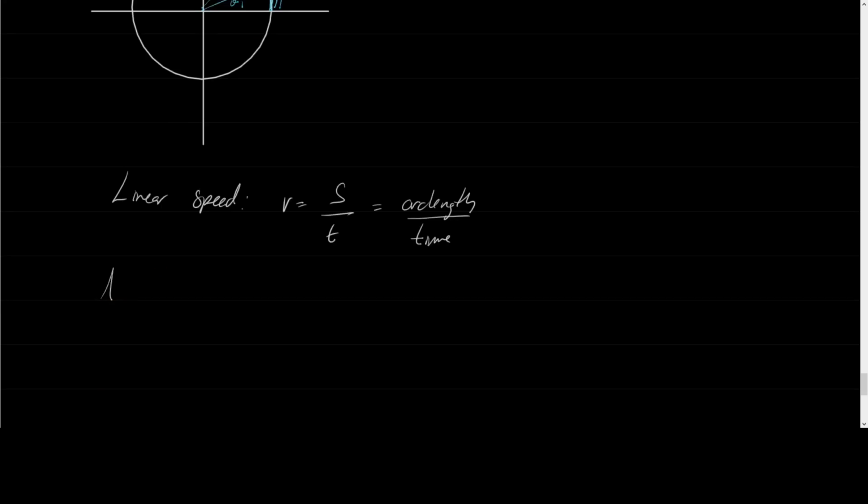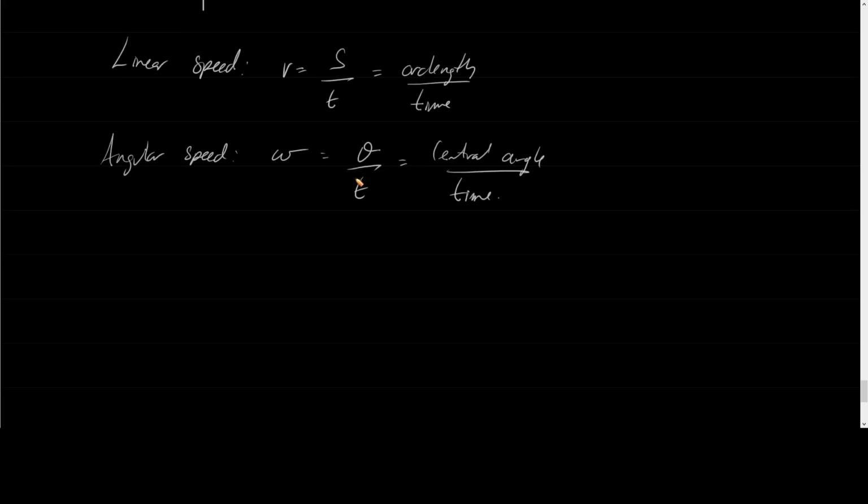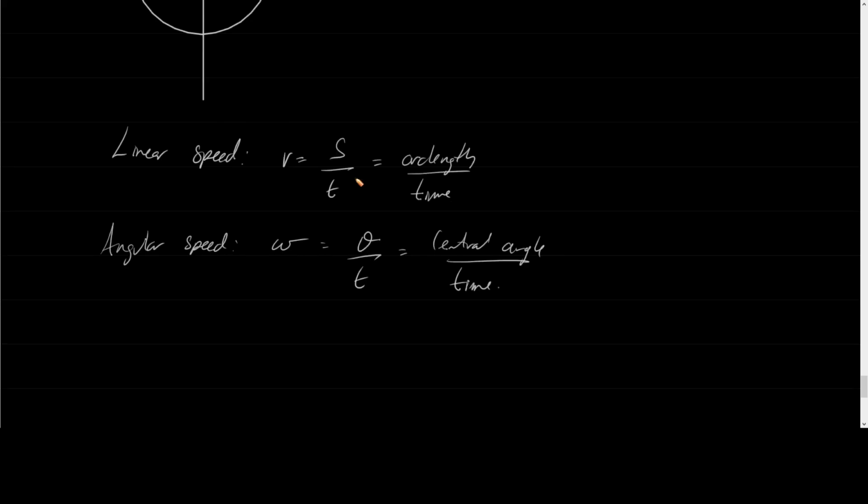Angular speed, which we will define with omega, is equal to the central angle over time. So again, one is measuring how fast you're moving around the circle. The other one measures how fast the angle is changing as you're moving around the circle.